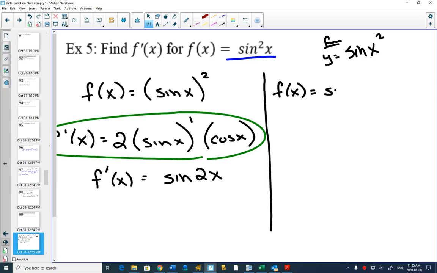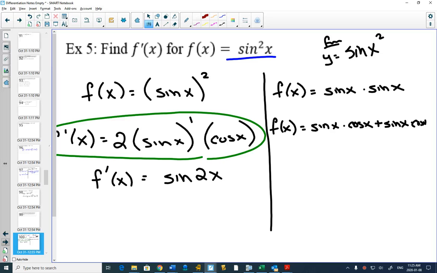Same question. Would you agree that sine squared x is the same as sine x times sine x? So you could have also chosen to use a product rule. Product rule would say, keep one the same, multiply by the derivative of the other one, then add, keep the other one the same, but they're both the same, and multiply by the derivative of the other one.